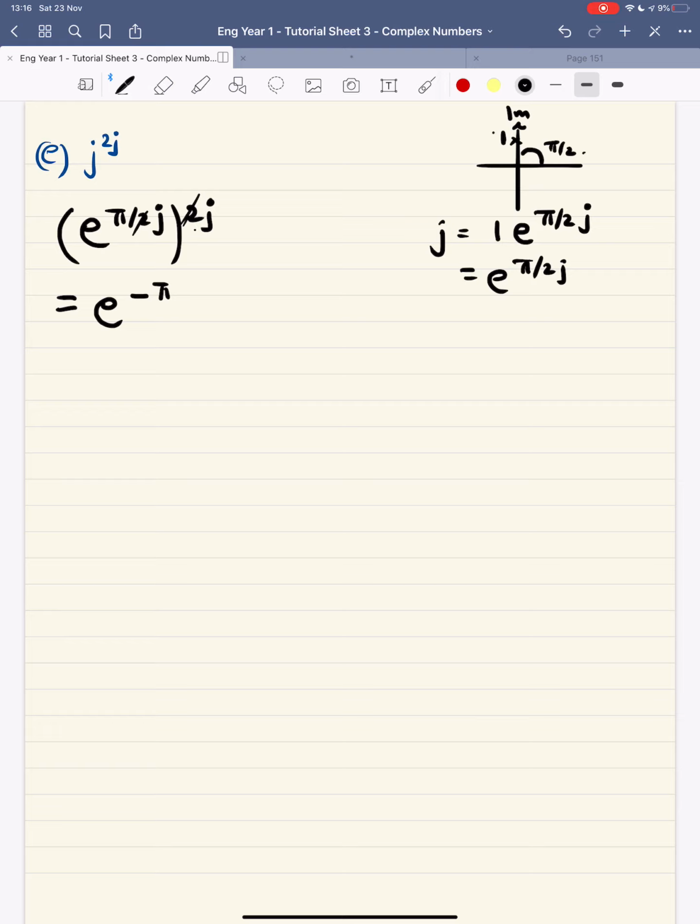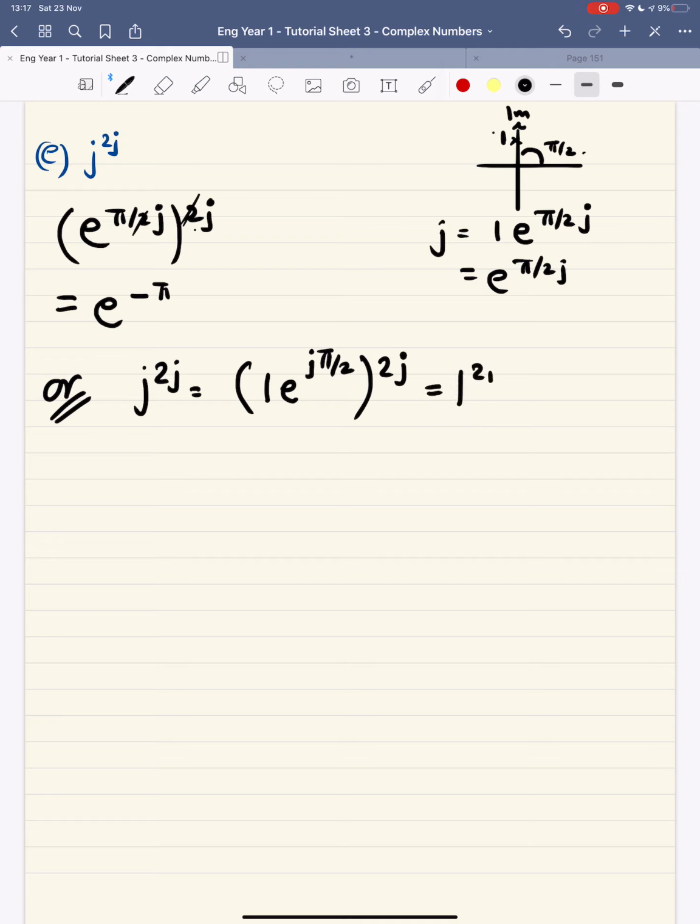If we want it as a complex number, I'm just going to look at their answer and use it. So j to the 2j is 1·e^(jπ/2), which is what we had here, raised to the power 2j.